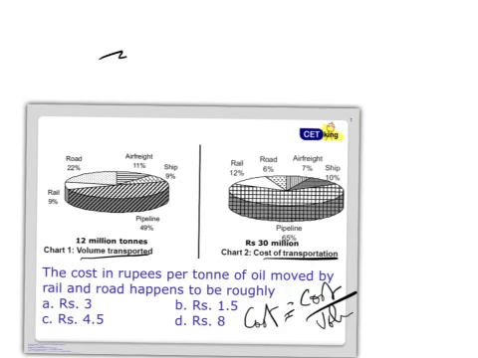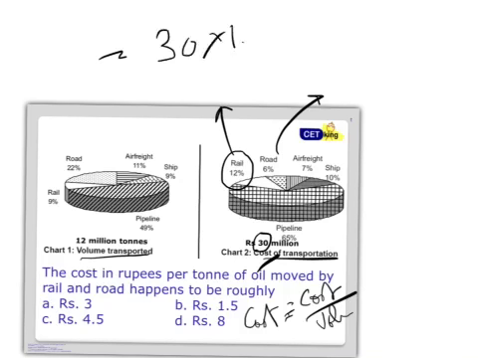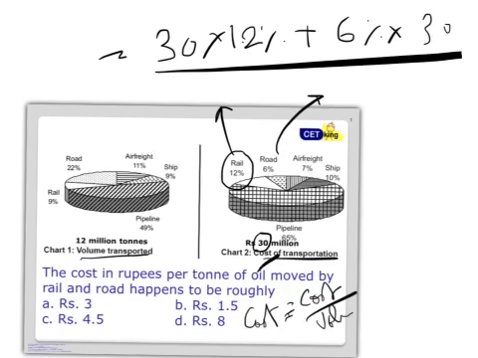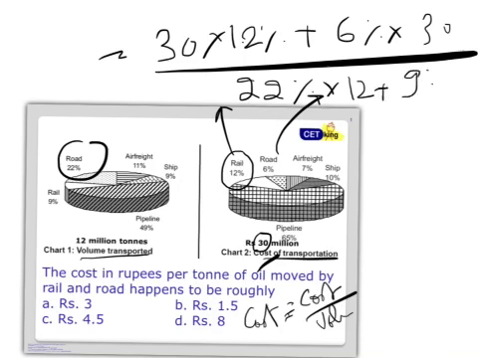First I have to find the cost of rail, which is 12% of 30,000, then add 6% of road, 6% of 30,000, divided by the volume transported, 22% of 12 plus again 9% of 12, and I have to solve this calculation. That's a typical problem.